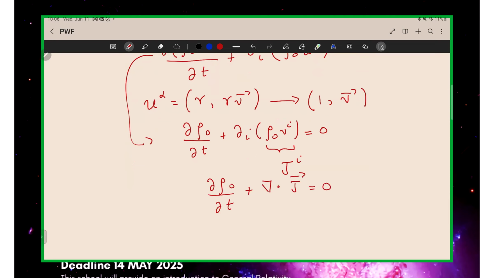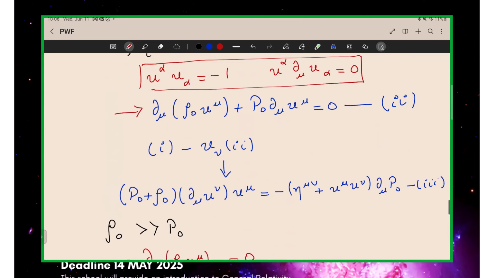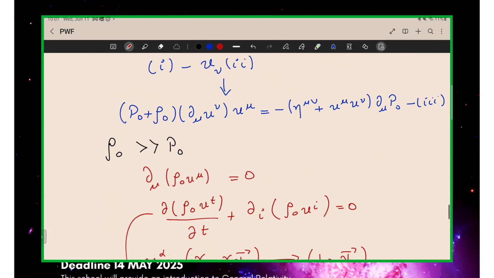And you can see that you have attained the continuity equation. So equation 2, which was unfamiliar in this form, if you bring it to its non-relativistic limit, just gives you the continuity equation. Okay, that's good to know.